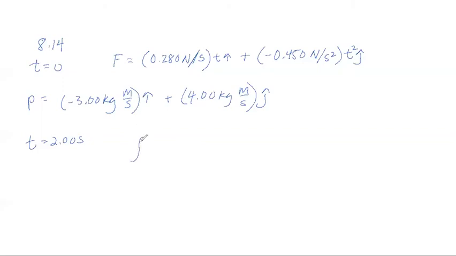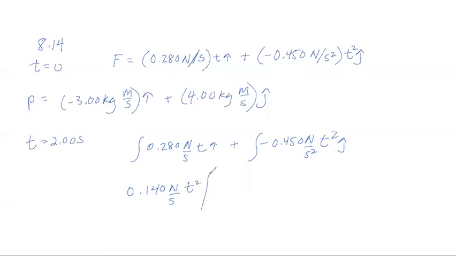We're going to take the integral of 0.280 newtons per second times t i, plus the integral of negative 0.450 newtons per second squared t squared j, and that's going to give us 0.140 newtons per second times t squared, from 0 to 2 seconds. And then that's i. All right.